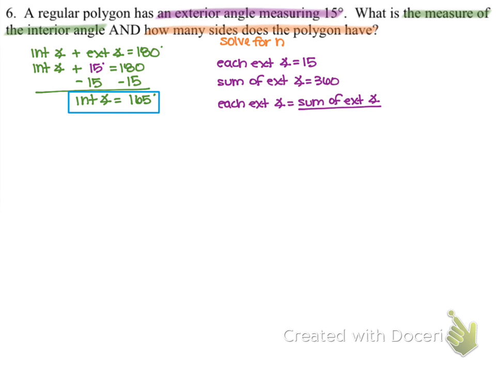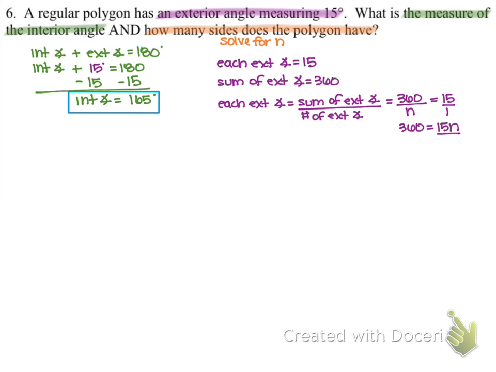So I'm going to divide by the number of exterior angles. So let's see. The sum of the exterior angles, that's 360. The number of exterior angles, that's n. Each exterior angle, that's 15. All right, I'm going to put a 1 under this guy and let's cross multiply. So it's going to give me 360 is equal to 15n.